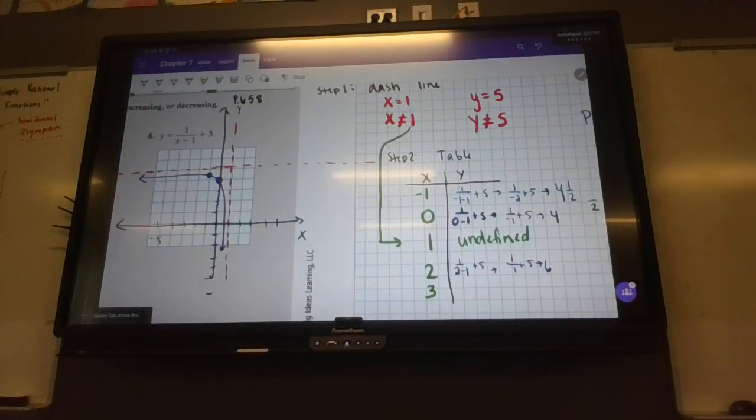Two comma 6. Another mixed number, 5.5, or 11 over 2.